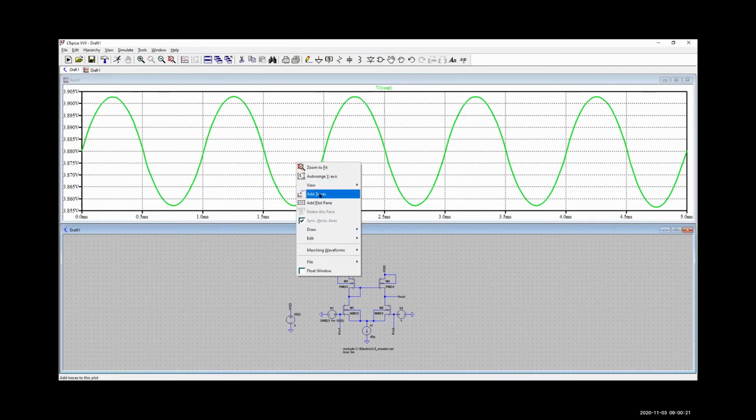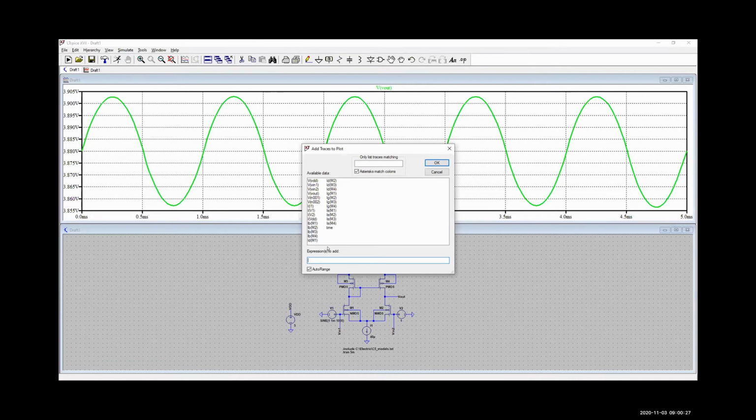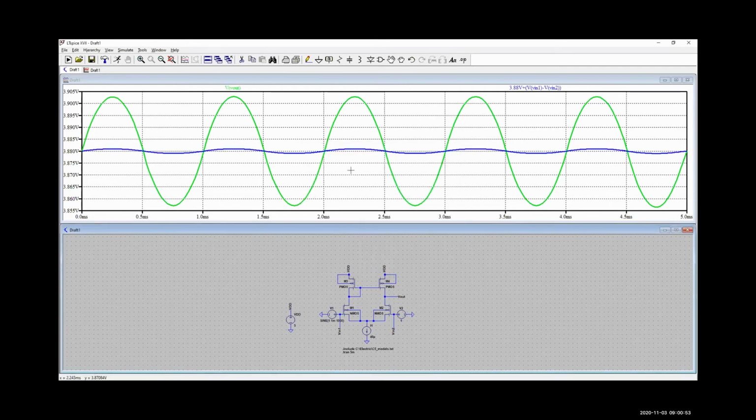So what I'm about to do is add .88 volts plus VN1 minus VN2. All I'm doing here is putting a DC offset onto the difference of our input signals so that we can see what our gain is, so that effectively we have things on the exact same scale.